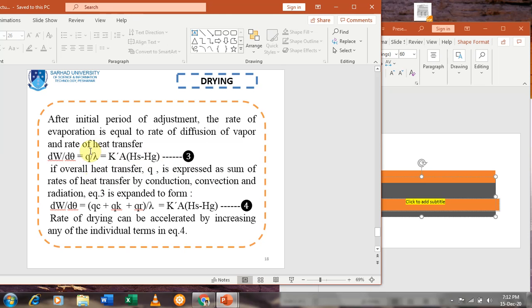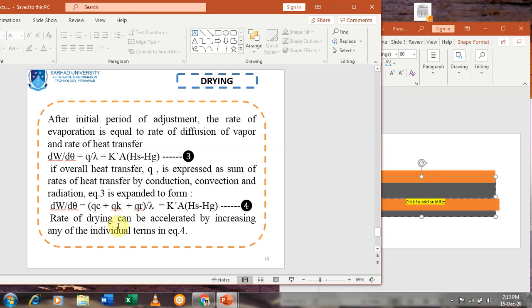Putting the values of conduction, convection and radiation instead of Q, the overall heat transfer, equation number 3 becomes dw by d theta equals Qc plus Qk plus Qr divided by lambda, and the rest of the equation will be the same, that is k dot A Hs minus Hg.